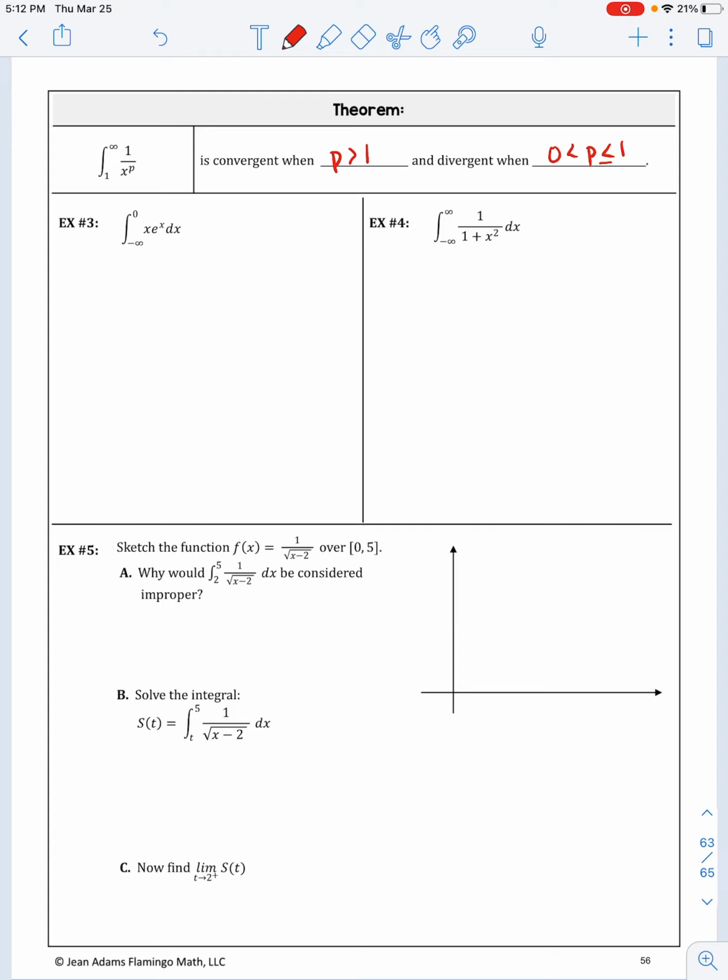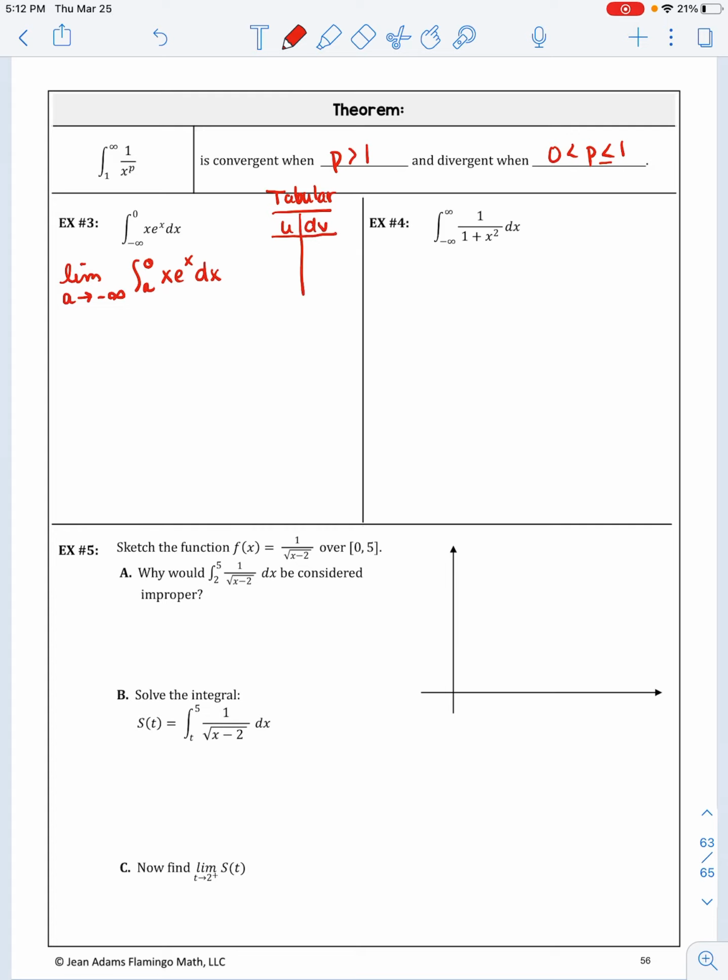And so let's go ahead and do another example. So this one, you can see negative infinity is on the lower limit of integration. So I'm just going to call it a. I'm going to let a approach negative infinity, and then I'm going to put my a in right where that was. This one is perfect for tabular integration.